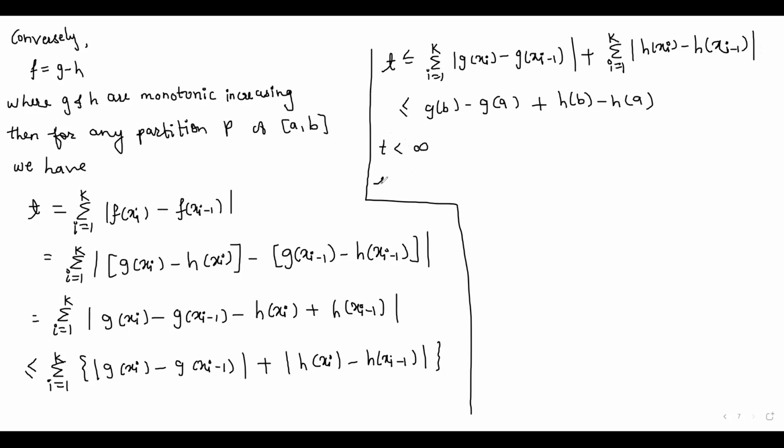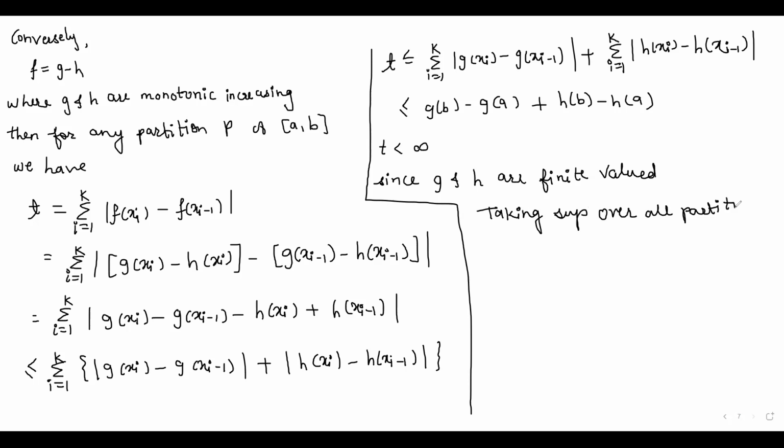Now since this g and h are finite valued, so taking supremum over all partitions P, we get this total variation of f over the interval AB less than infinity, and therefore by definition this total variation is finite, and thus by definition the function f is a bounded variation on the closed interval AB.